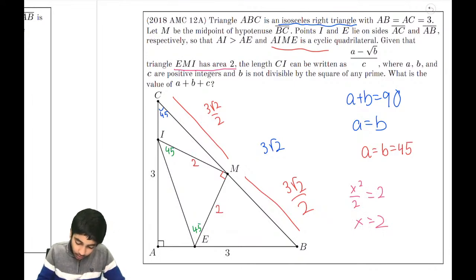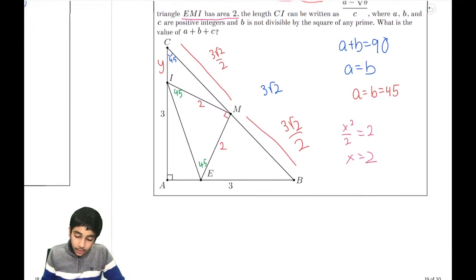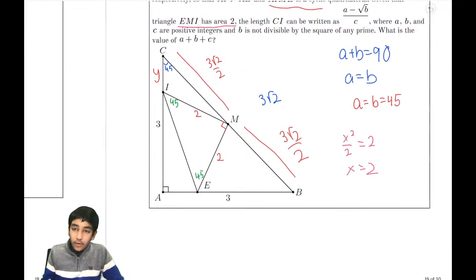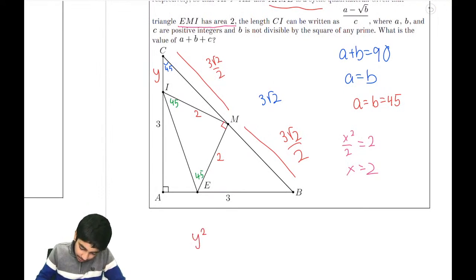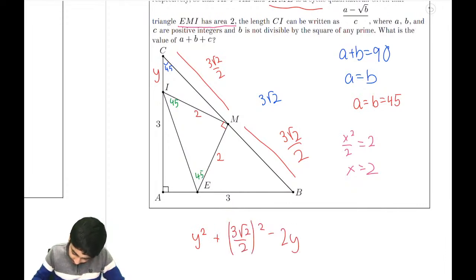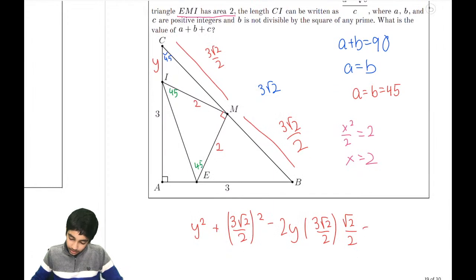And similarly, since IM is 2, let's say CI is some length y. In order to find the length of CI, we can just use the law of cosines. So y squared plus 3 root 2 over 2 squared, minus 2y times 3 root 2 over 2 times cosine 45, which is root 2 over 2, is going to be equal to 2 squared.